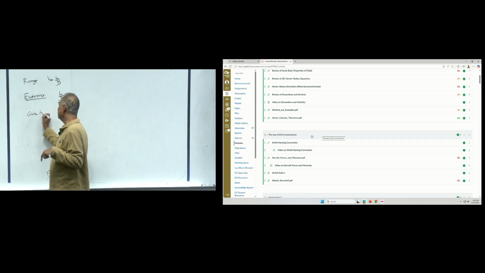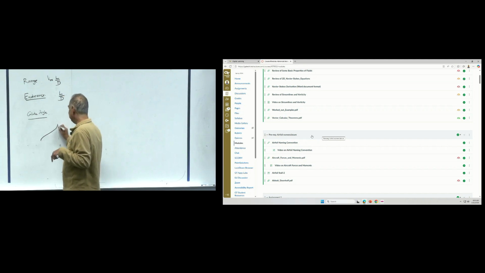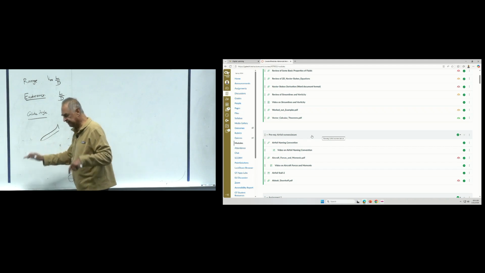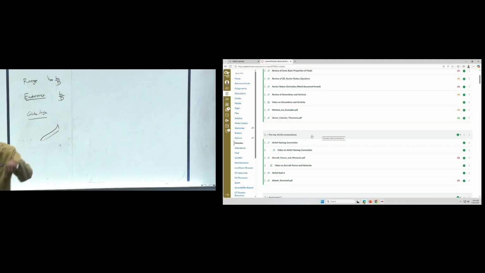glide angle. Remember, you're gliding because you don't have any engine. So you are still flying forward, you are going in circles, but you are slowly losing altitude. So this velocity is V infinity. The lift is in this direction, drag is in this direction.